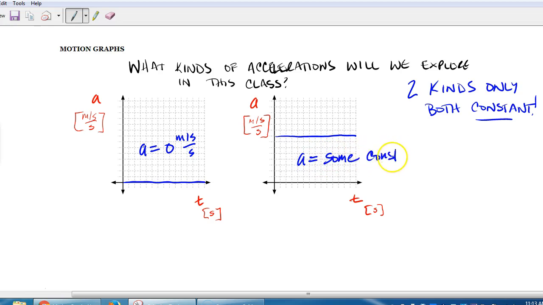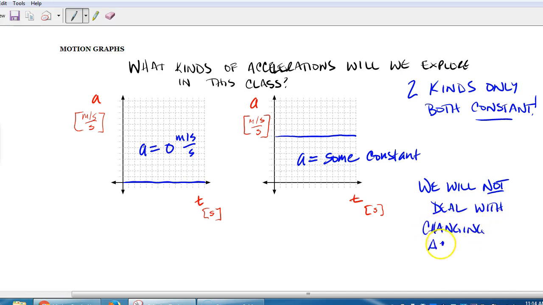It's moving, it's just not accelerating, it's not changing its motion. On the right-hand side, we have an acceleration graph where there is some constant acceleration. In other words, it's getting faster, or in this case, it could be getting slower, which would be a negative acceleration, but it would be constant either way. We are not going to deal with accelerations that are changing very much in this class because it gets to be kind of tricky, and you really want to have calculus tools to be able to handle that.